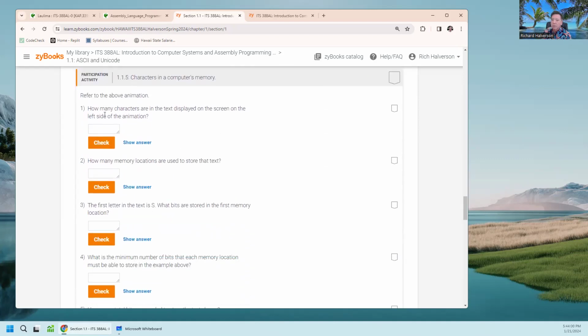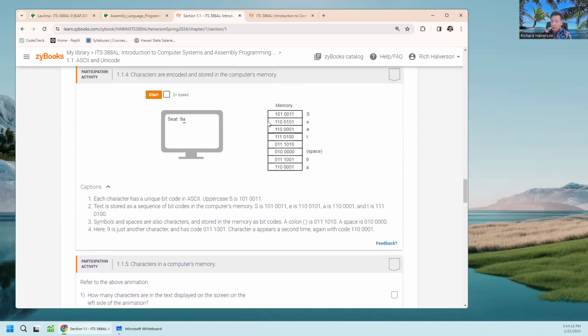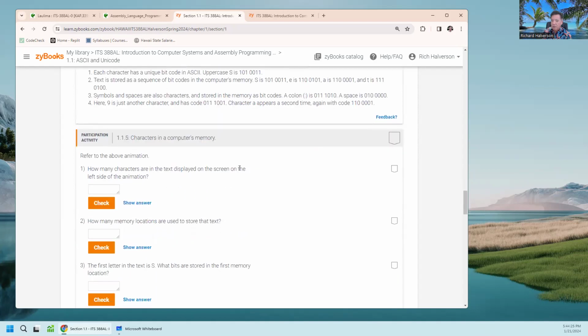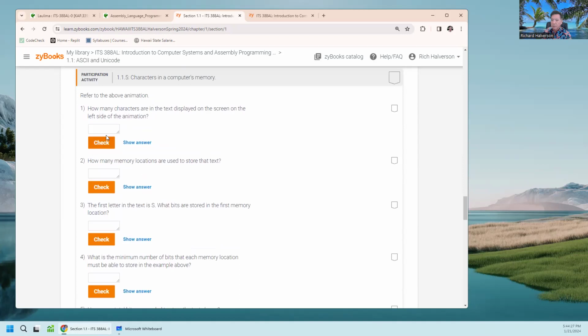How many characters are in the text displayed on the screen on the left side of the animation? Let's see, 1, 2, 3, 4, 5, 6, 7, 8.